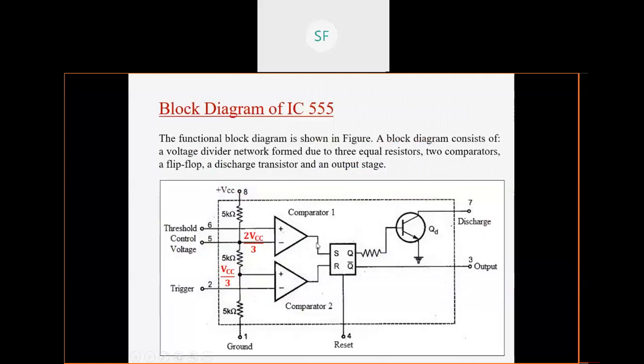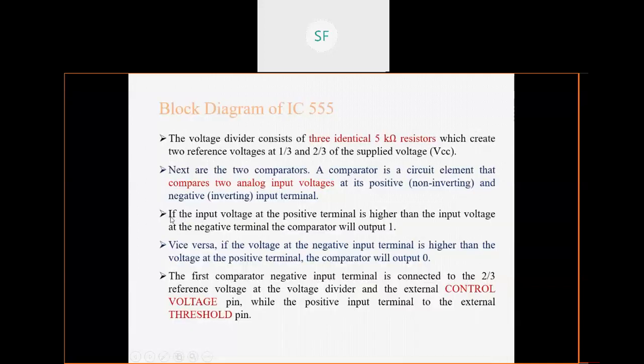It will compare the values on the positive terminal and negative terminal, and give output accordingly. Always remember, positive is the non-inverting terminal, and negative is the inverting input terminal.